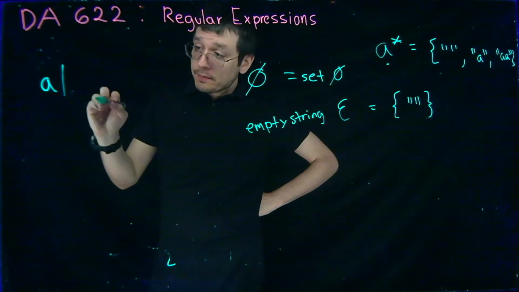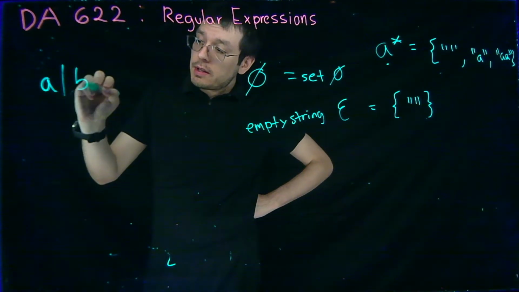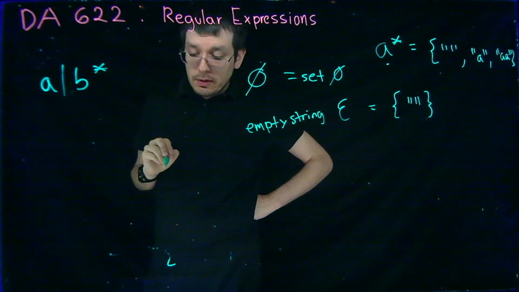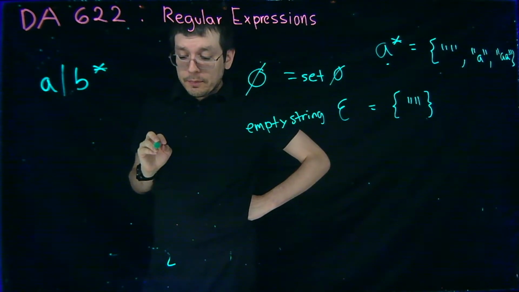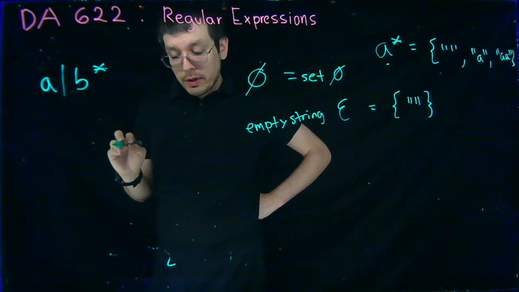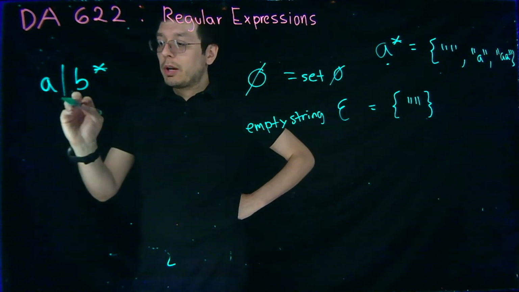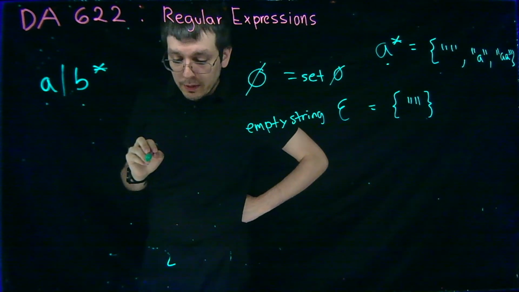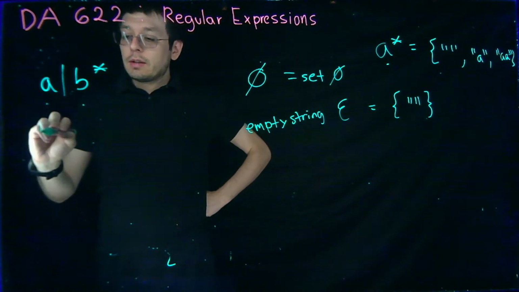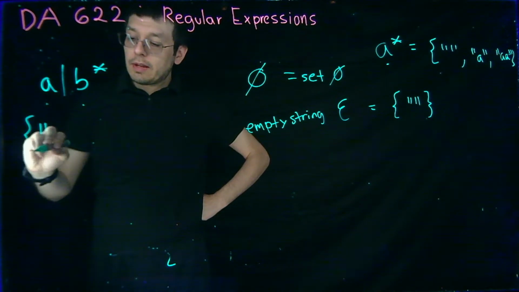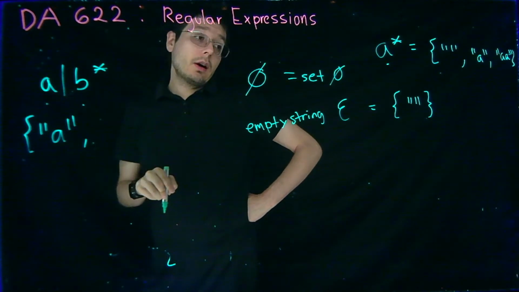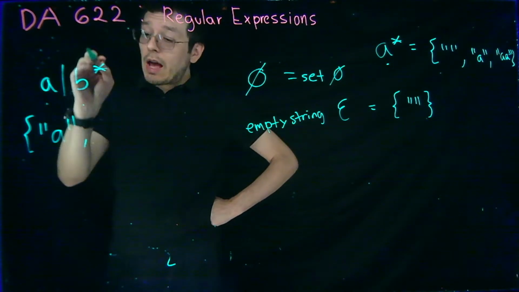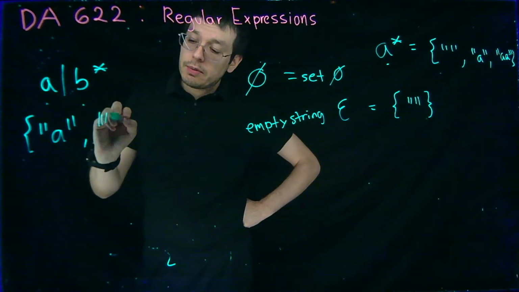Okay? So if I say A or B with the Kleene star, for example, what would that give us? Well, that could give us the empty string because we got to pick either this or this. So in one scenario, if we're picking the left side, the only option that we would have out of that would be just an A, and that would be it. But we can also pick the right side instead of the left. And for that one, we can have the empty string, like we said.